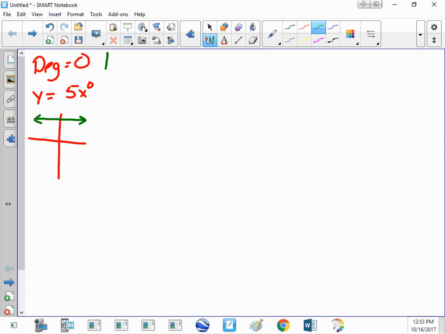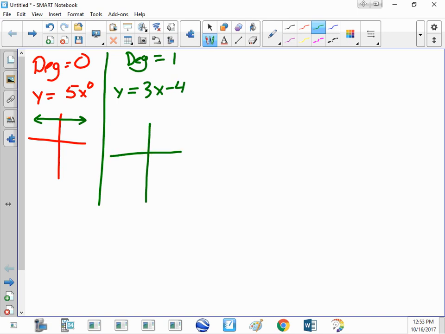Okay. What would a degree 1 polynomial be? Give me an example of a polynomial that has degree 1. Y equals some x to the first. So 3x minus 4. Okay, that is a slanted line that looks like this.